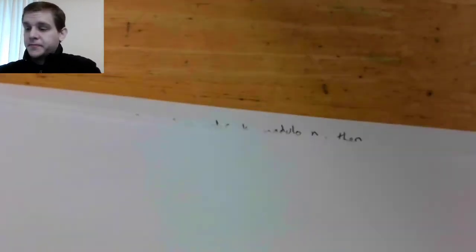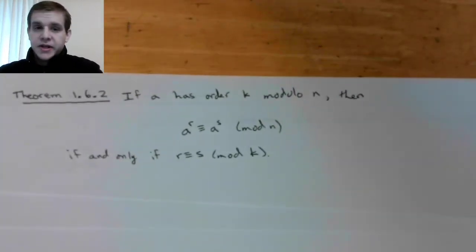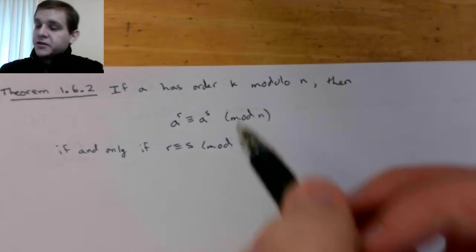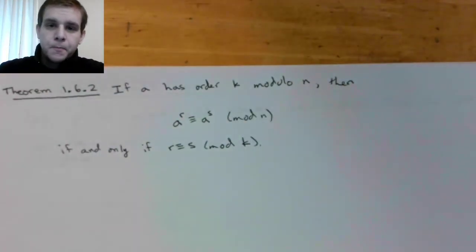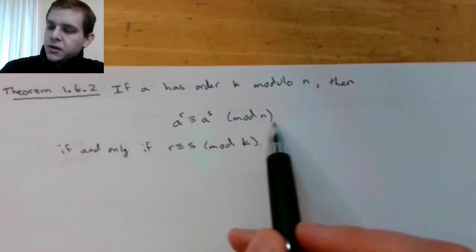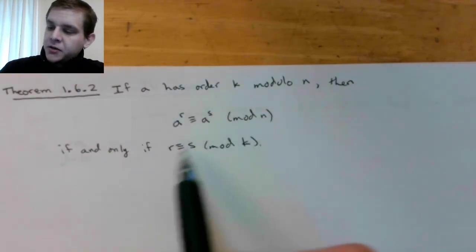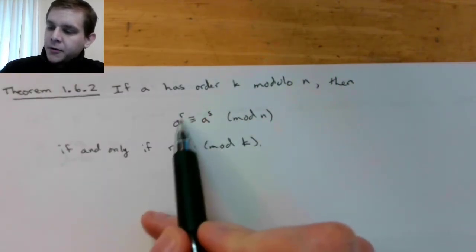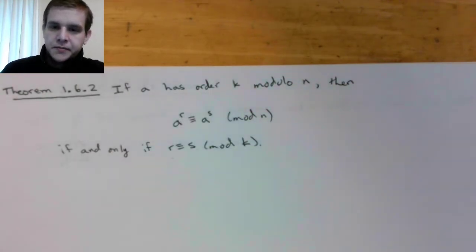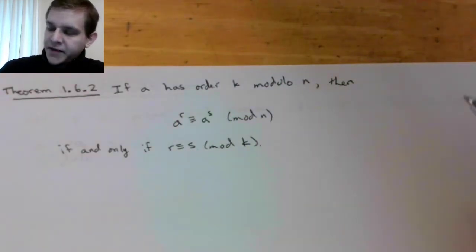What's our next theorem? Our next theorem says that if an element a has some order, k, then two powers of a are congruent if and only if their exponents are congruent modulo the order of the element.